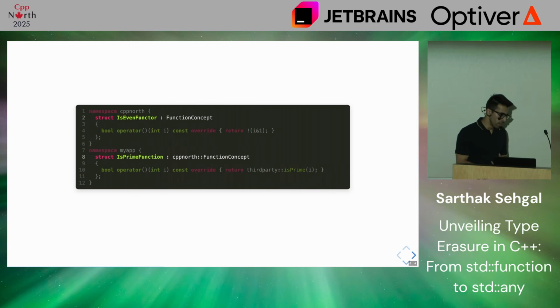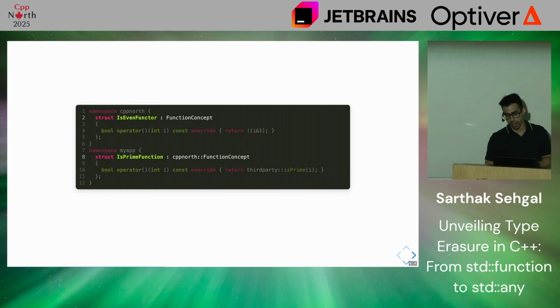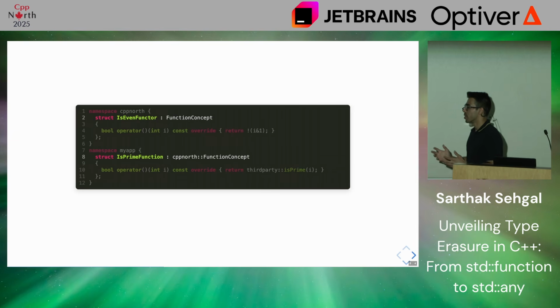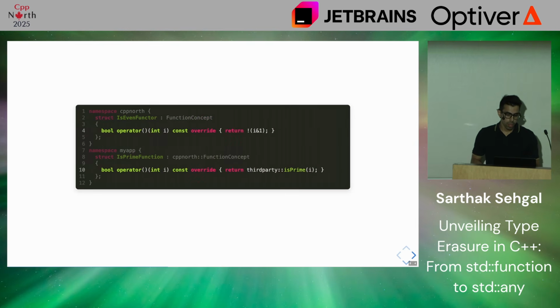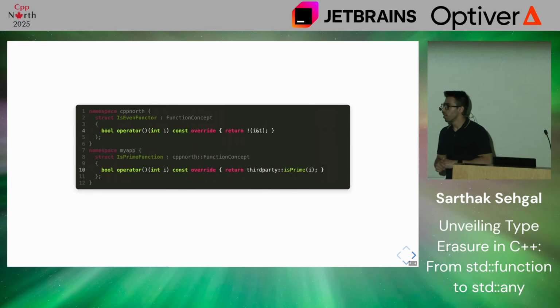The first common thing is that both of these inherit from the same concept. To get the technical keywords right, both of these inherit from the same interface. The second common thing is that, as a result of inheriting from the same interface, they both have to implement or override the pure virtual function.